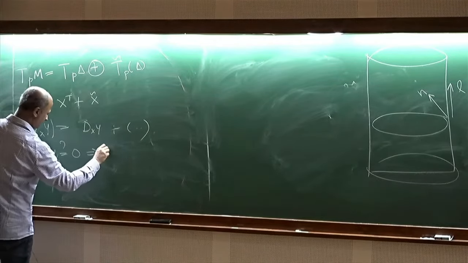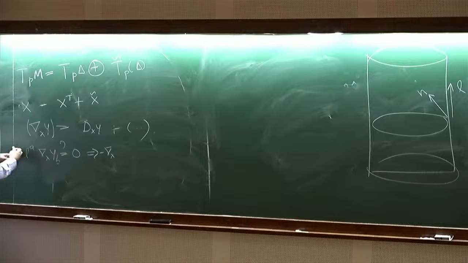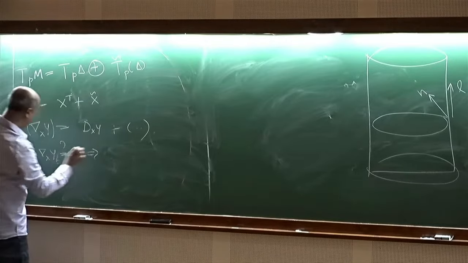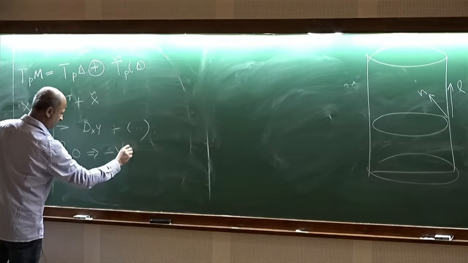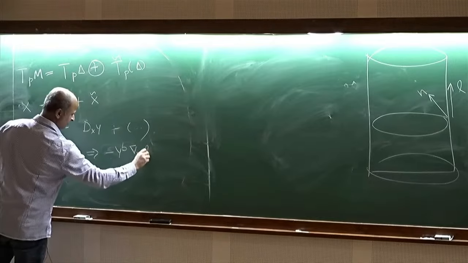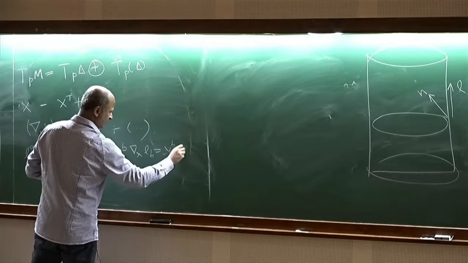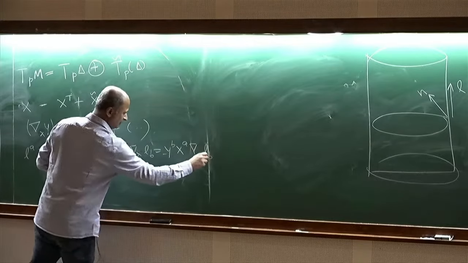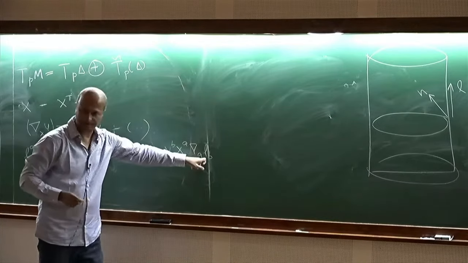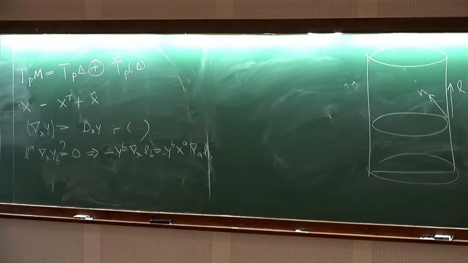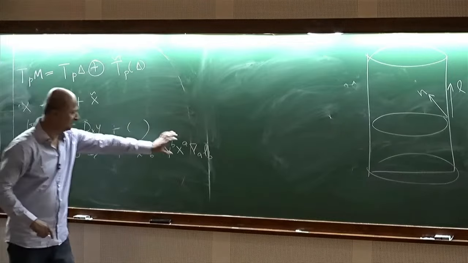Because this is simply grad_X of, I can just take the Y outside and the L inside. So let me just do it slowly. So then this is negative of Y^B grad_X of L_B. And this, in fact, is Y^B X^A grad_A L_B. So this is just the pullback of grad_A L_B. But since we just saw that the L is expansion free, shear free, and twist free, this whole thing is zero.